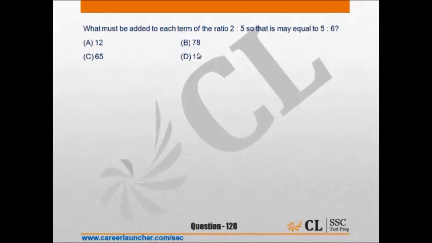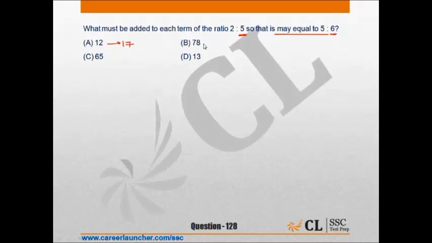The question is, what must be added to each term of the ratio 2:5 so that it may be equal to 5:6? As we can see, the term that should be added to 5 should be a multiple of or factor of 6. Now in this case, if I add 12 to 5, that will give me 17, and that is not a multiple of 6.